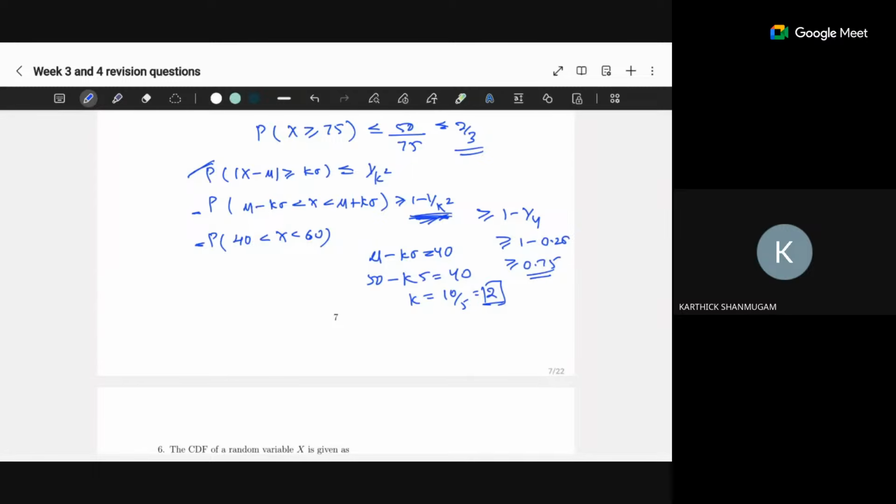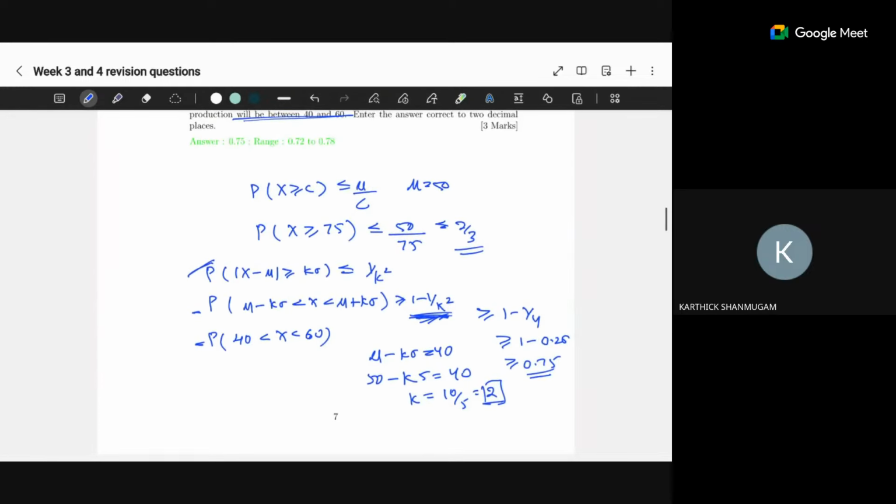Just before we go there, there are two forms of Chebyshev's inequality, and we can expect the questions to toggle between these two. Are there any different dimensions we can expect? In this method only, they will give you the intervals and you have to calculate the lower bound, or they will give you k sigma, then you have to calculate k and then this value.